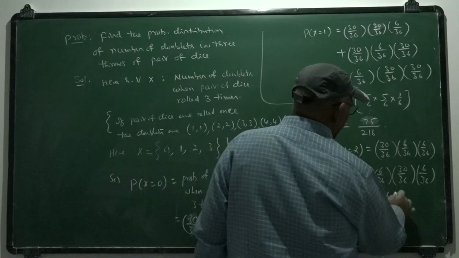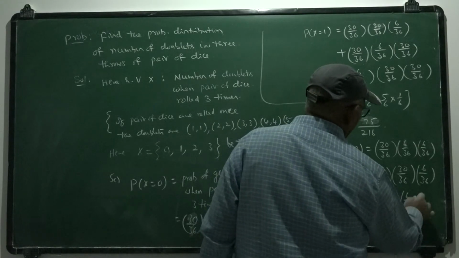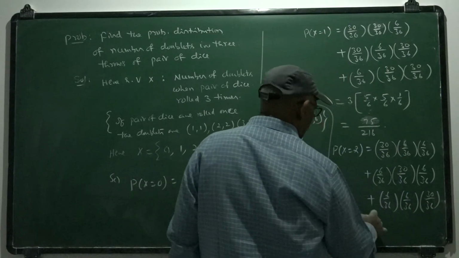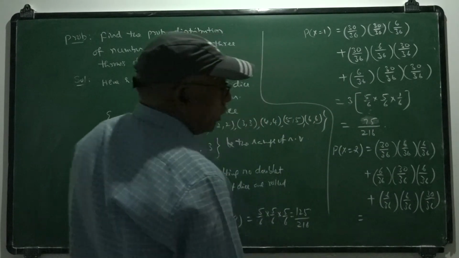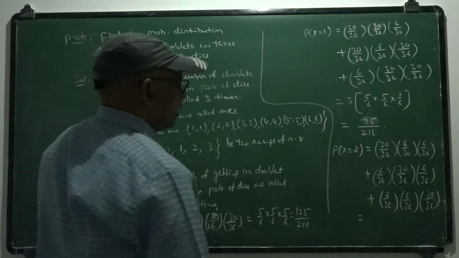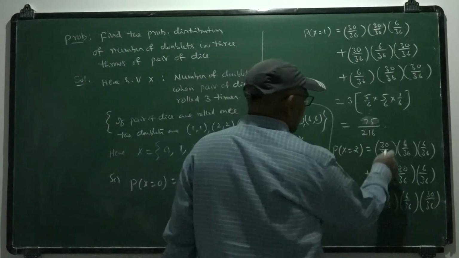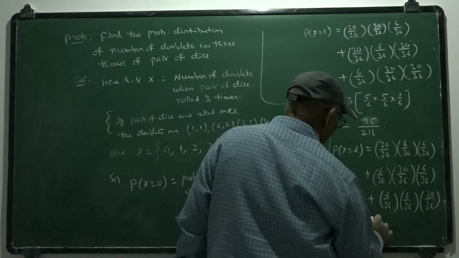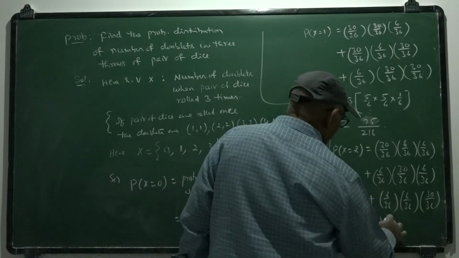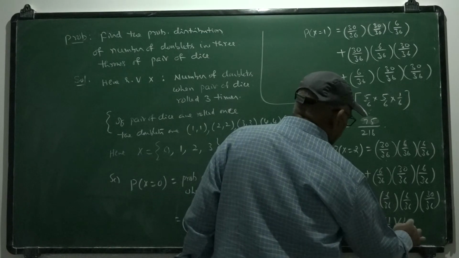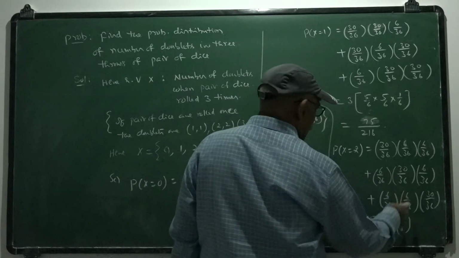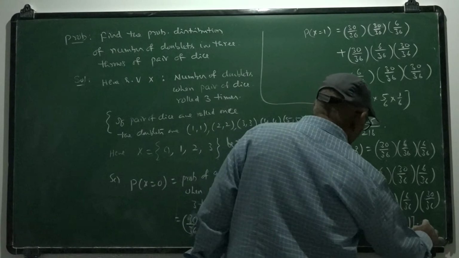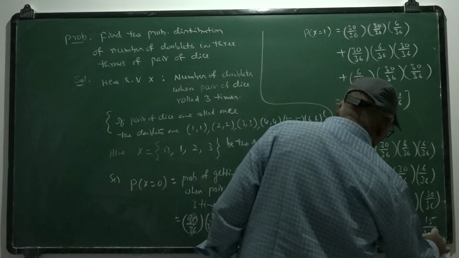Similarly, in the first two attempts getting a doublet, in the third attempt we may not get a doublet. So these are all different cases of getting the doublet twice. That is 5 by 6 into 1 by 6 into 1 by 6. This is repeated thrice, of course, which is 15 by 216.